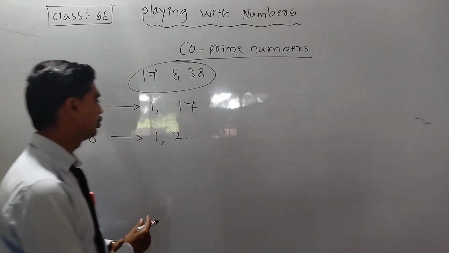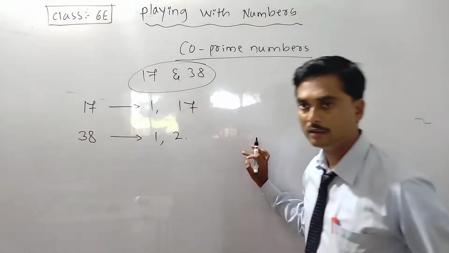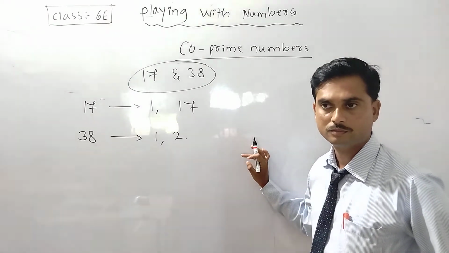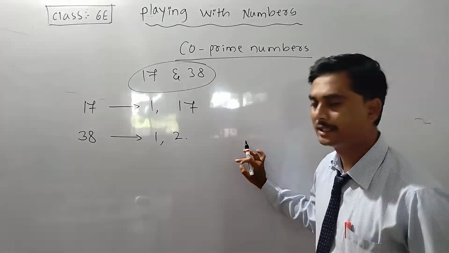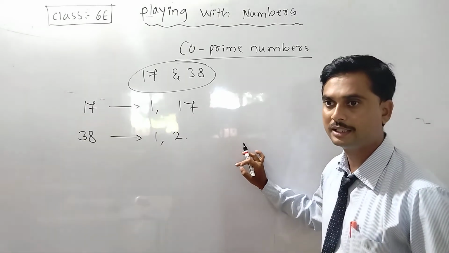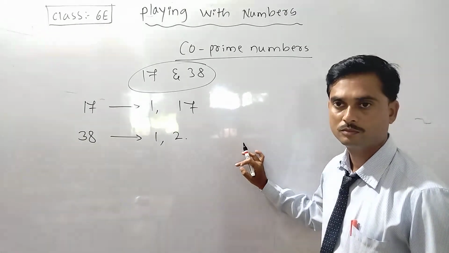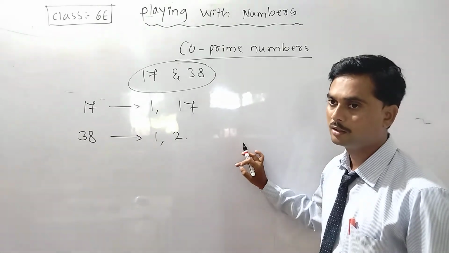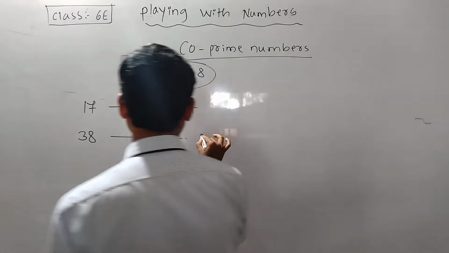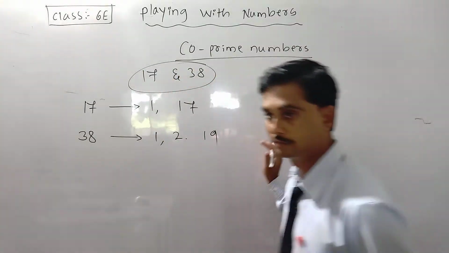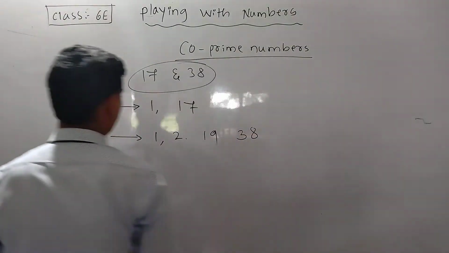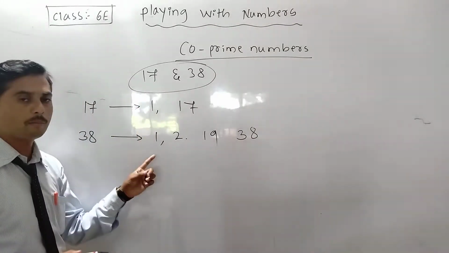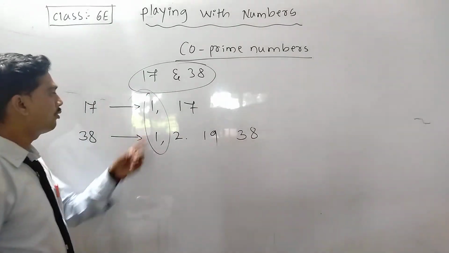Does 4 divide 38? No. 6? No. 7? No. 8? No. 9? No. 10? Not. And 19? Yes. 19 divides 38. But here, on both sides, which number is common? Only 1 is there.